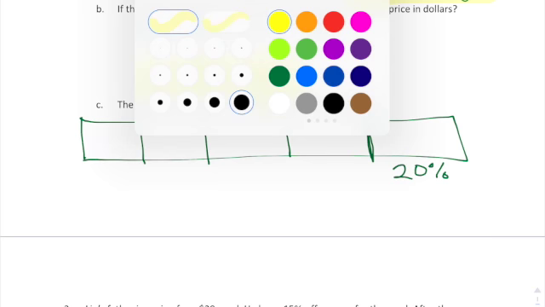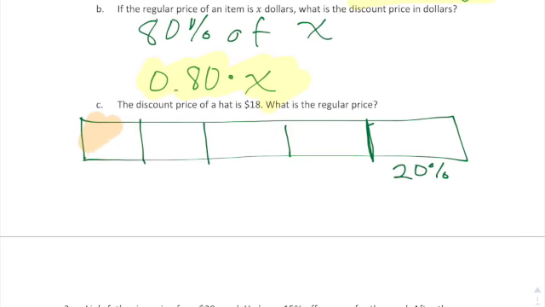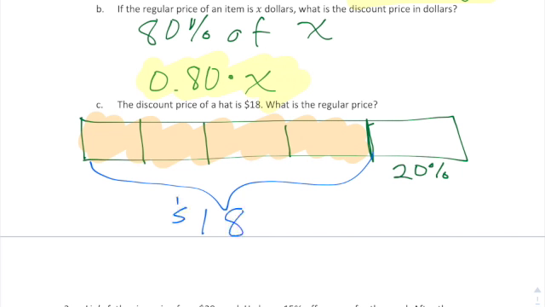These ones all together is our discounted price of $18. So I want to think, okay, well, if I split 18 into these 4 boxes, I'm going to put 4.5 in each box.